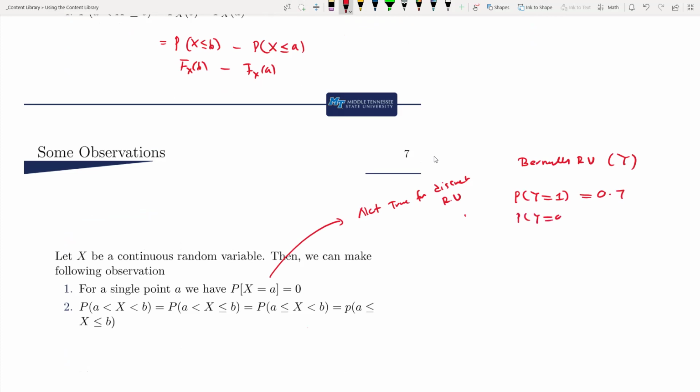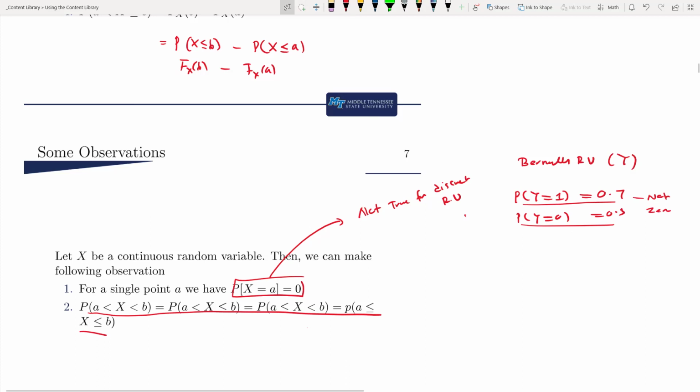Probability Y equals 0 is 0.3. So you can see at a single point, for a discrete random variable, it is not 0. But for a continuous random variable, those are 0. And the implication of that is all of these quantities are going to be the same, whether greater than or equal, less than, or less than or equal. It doesn't matter if X is a continuous random variable.